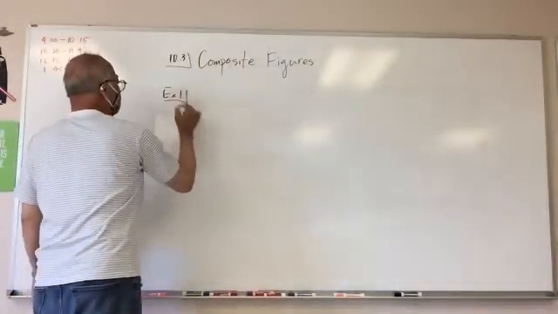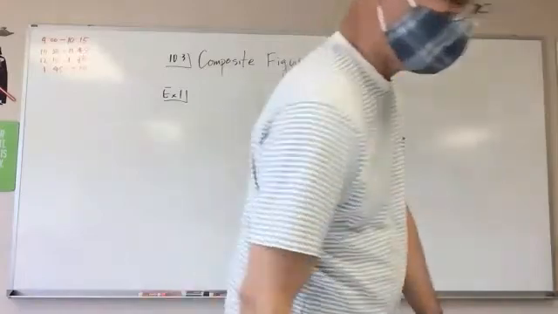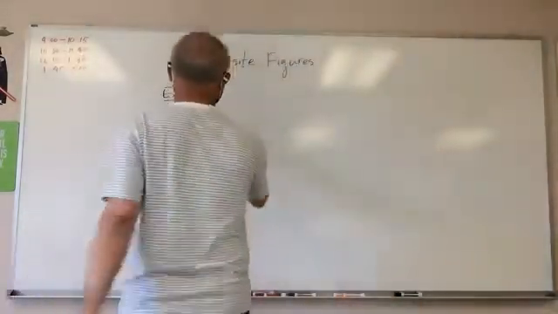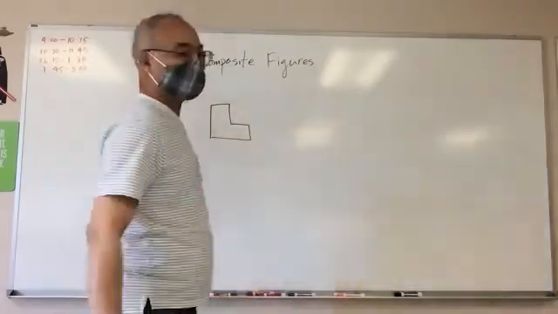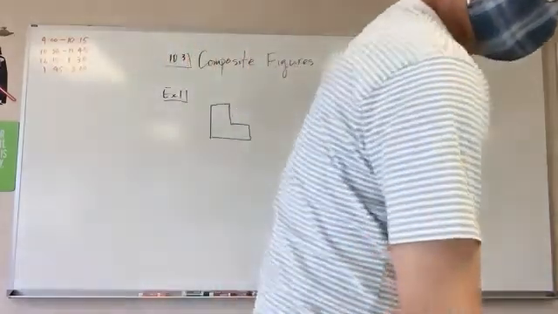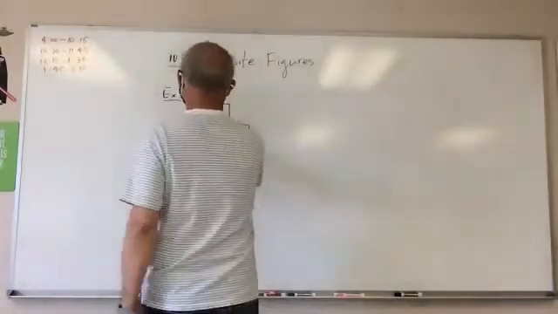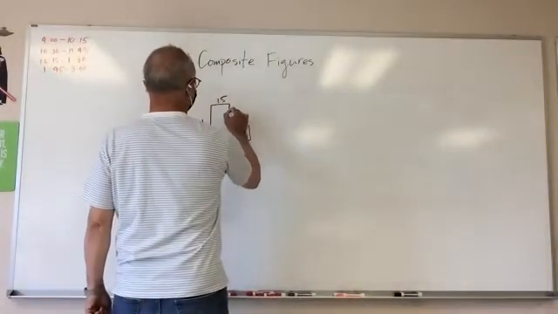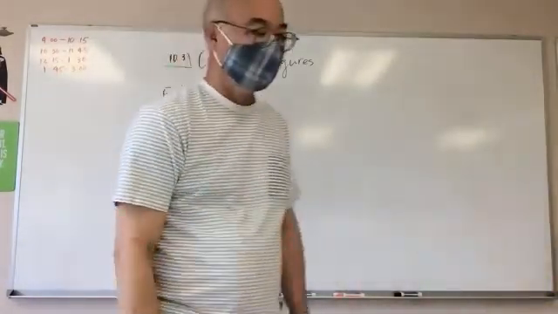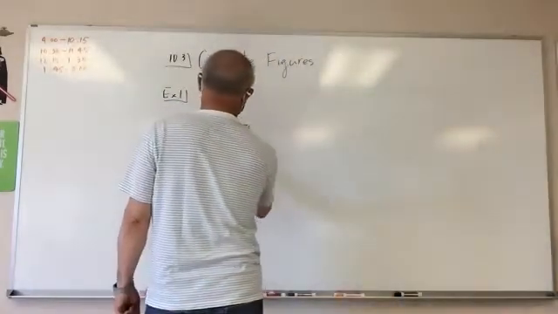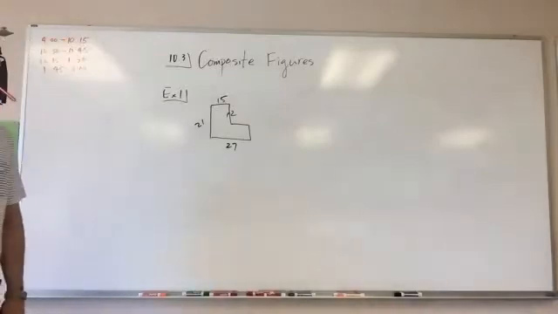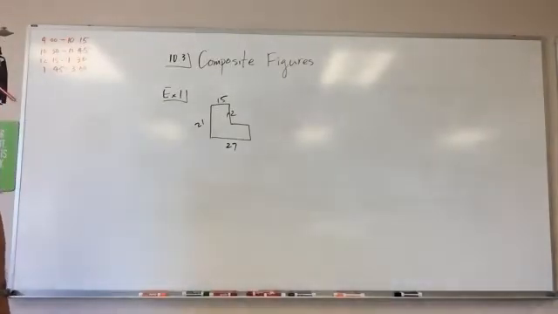Example number 1, we have a figure that's kind of L-shaped like that. 21, 15, 12, 21, 15, 12. And then we have 27 on the bottom. And I want to know the area of this. There are 3 different ways to solve this.